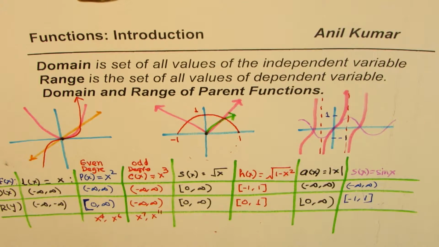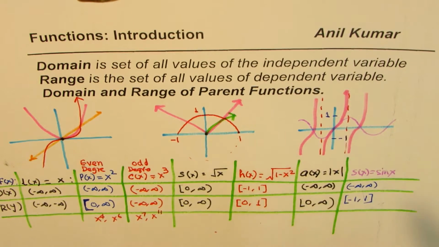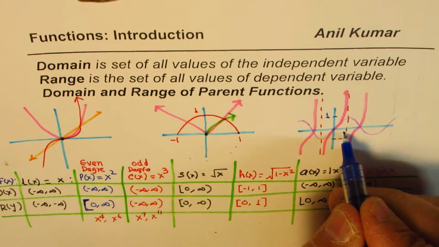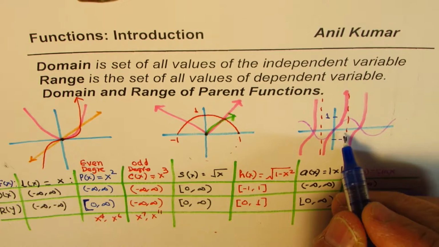As you can see here, it has restrictions. These points are not there in the domain. The vertical asymptotes, which are at pi by 2, are not in the domain, right?